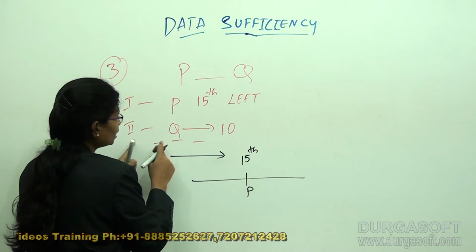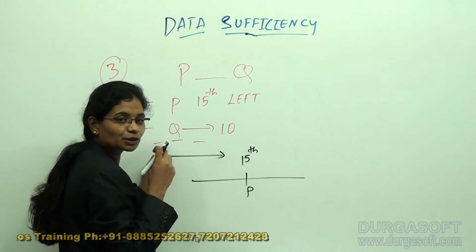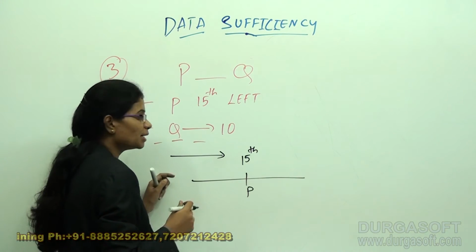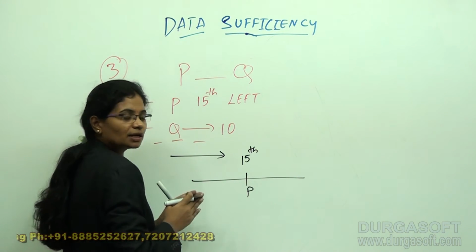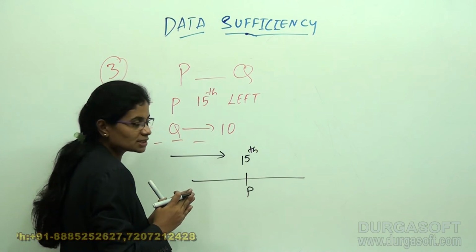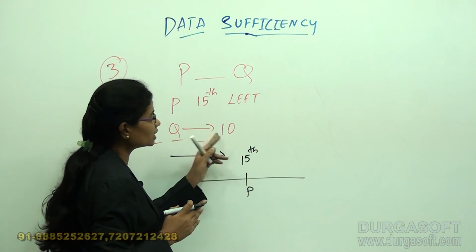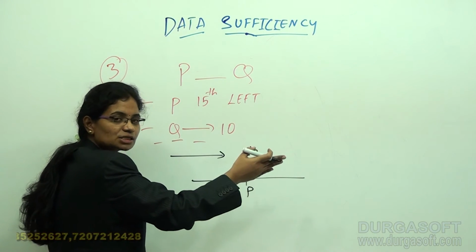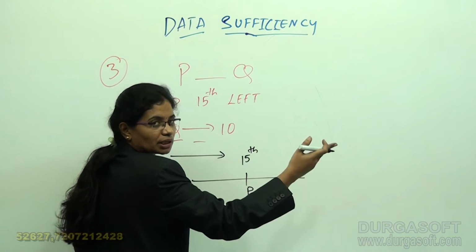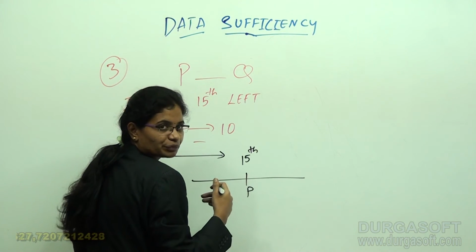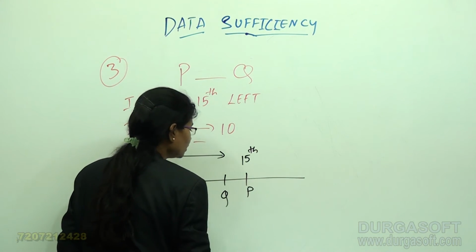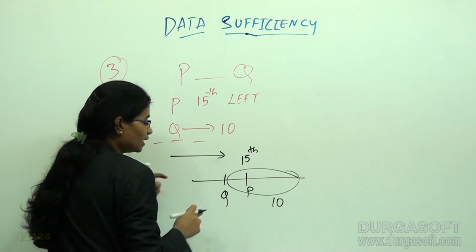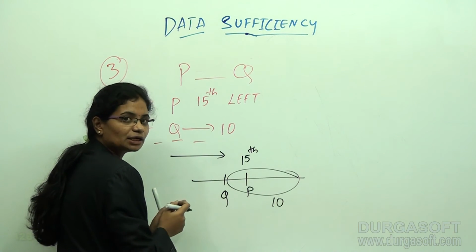What is the second statement? Q is exactly in the middle of this row. That means Q is dividing the row into 2 equal parts, and there are 10 children standing after Q, to the right side of Q. So if there is a Q here, then there are 10 children standing here, and Q divides the row into exactly 2 halves.